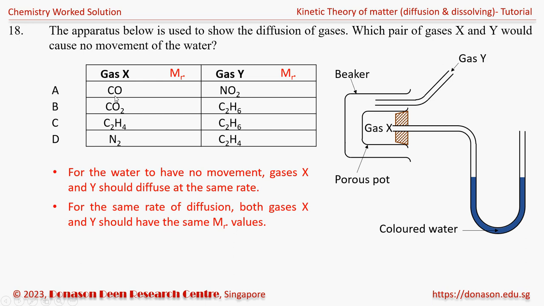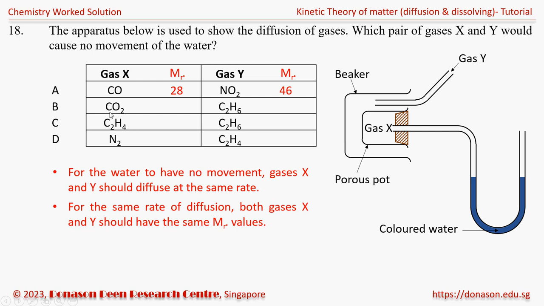If you look at carbon monoxide, there is one carbon and one oxygen, so that will be 12 plus 16, adding up to 28. So the MR value for carbon monoxide is 28. However, for nitrogen dioxide, nitrogen is 14 and there are 2 oxygen, 2 times 16, and that should work out to 46.